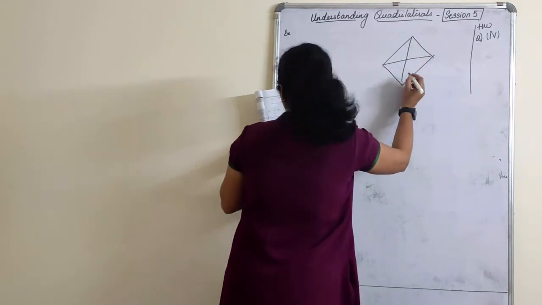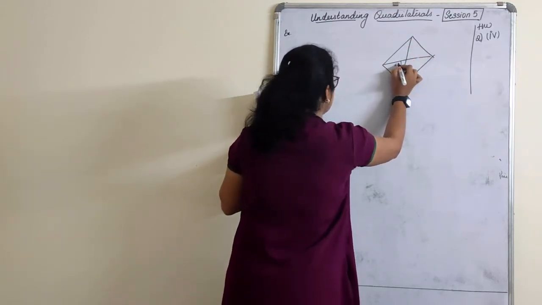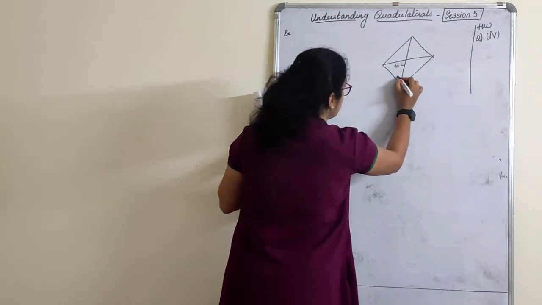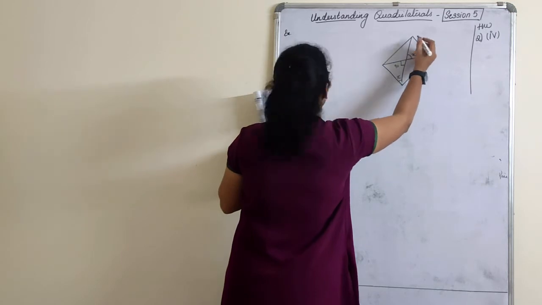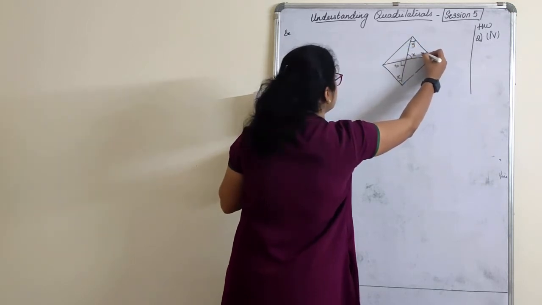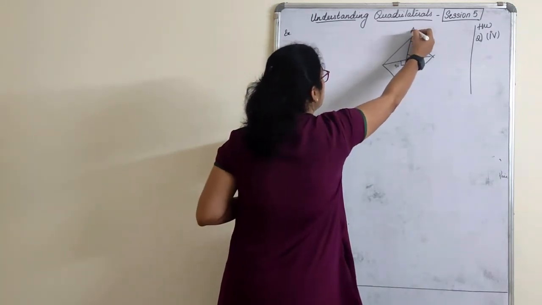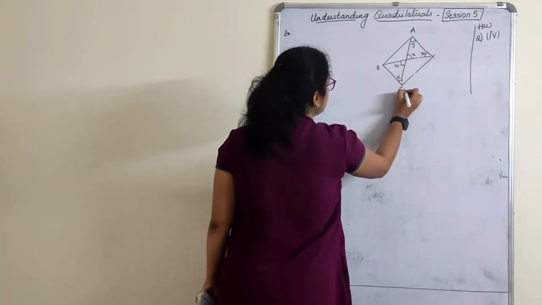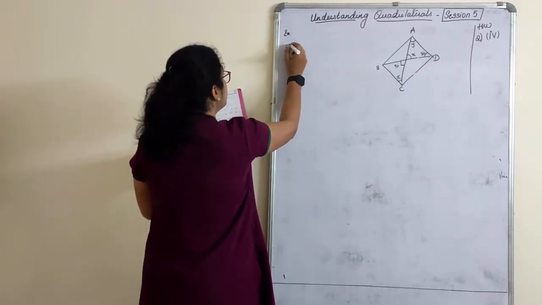Now what does this mark tell? It is 90 degree. You know this. This is Z, this is X, this is Y, and this is 30.